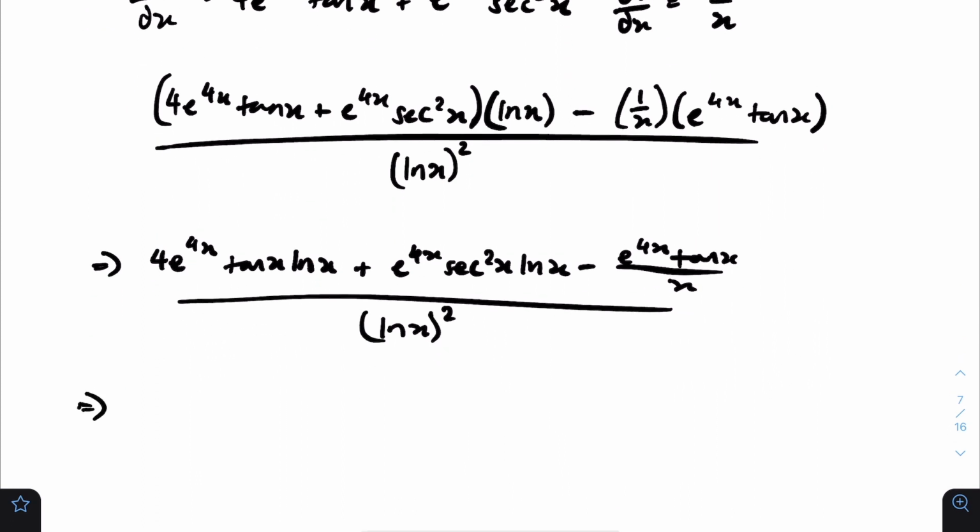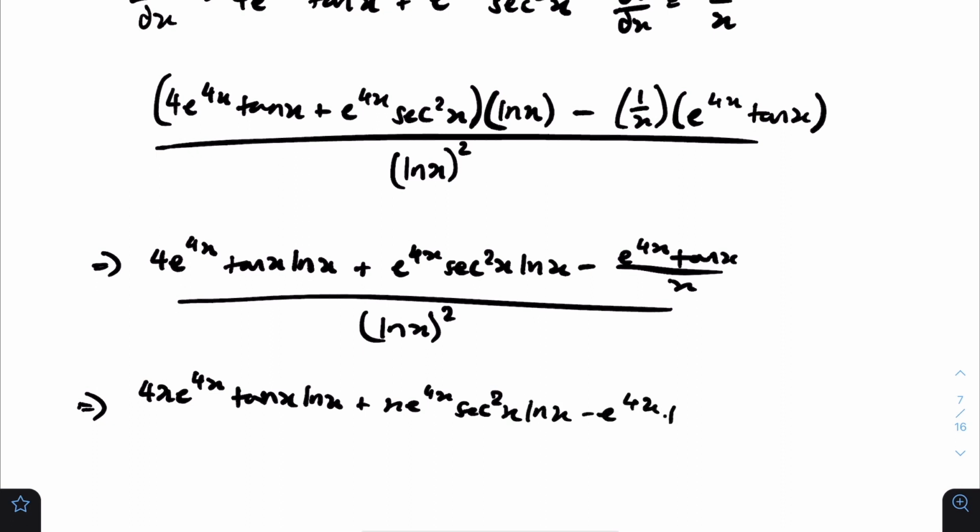If we want to make everything one fraction, we get 4x e to the power of 4x tan x ln x plus x e to the power of 4x secant squared x ln x minus e to the power of 4x tan x, over x times ln x squared.